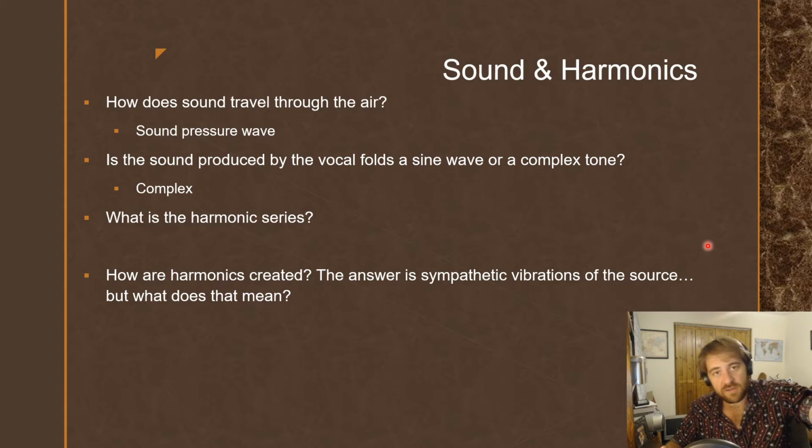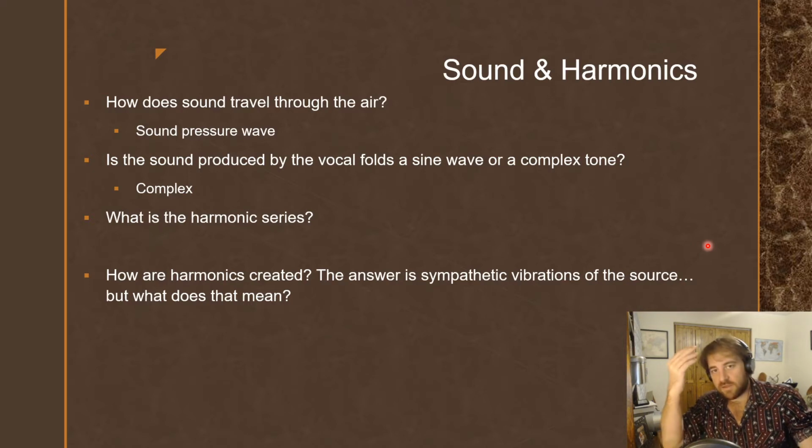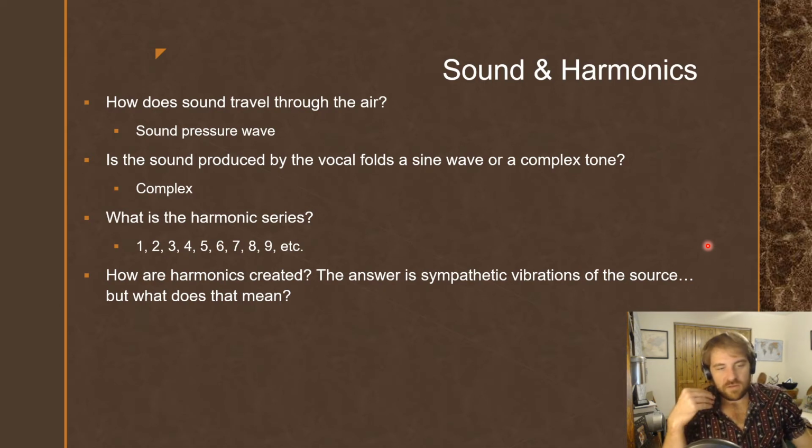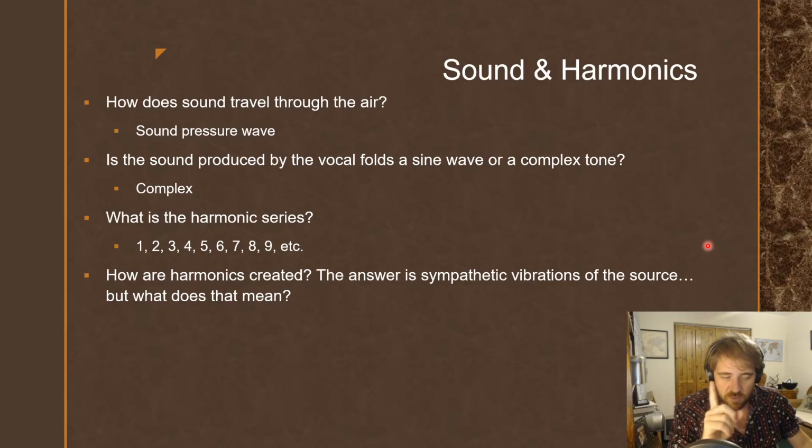And what is the harmonic series? Yep, exactly. It's 1, 2, 3, 4, 5, 6, 7, 8, 9, etc. So the first harmonic is the same thing as the fundamental frequency. It's one times the fundamental frequency. So let's say it's a 100 hertz tone.